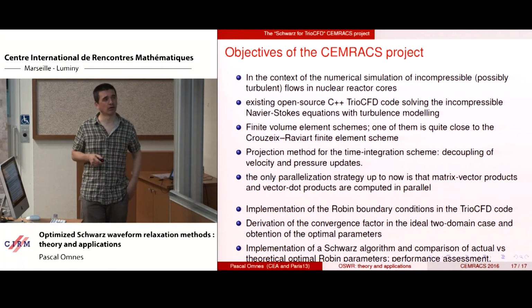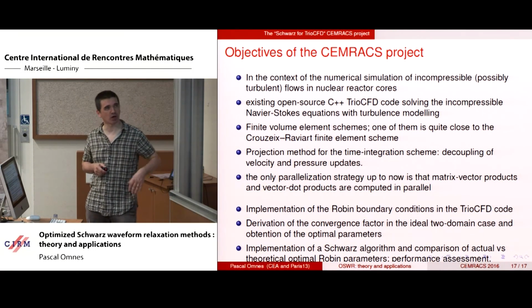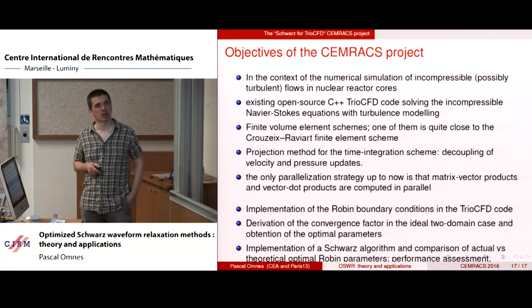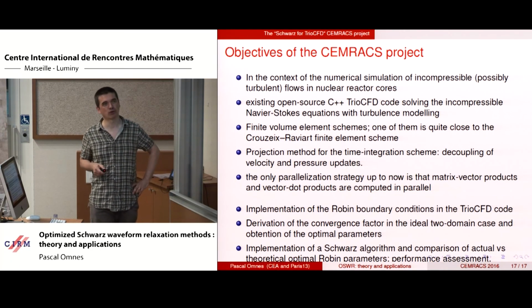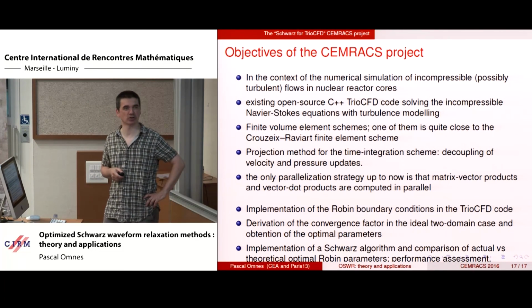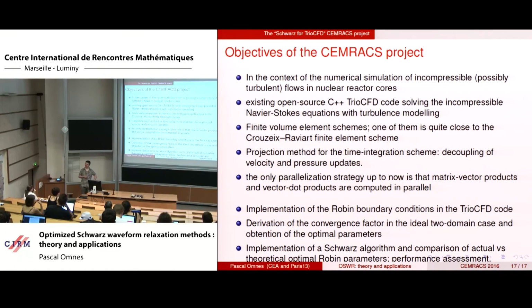And then the third step, if everything goes well, is to start implementing a Schwarz algorithm and to compare what happens with the theoretically based Robin parameters and with the actual ones that we can choose in the code, and to have a performance assessment of this method. So this is it. Thank you very much.